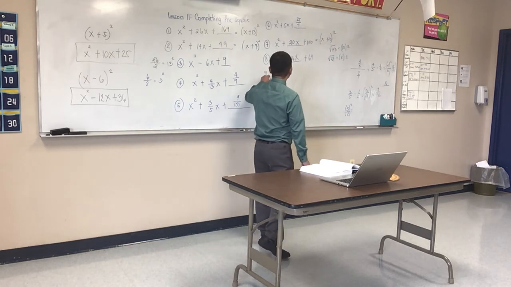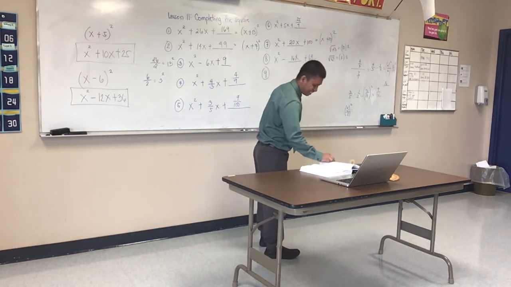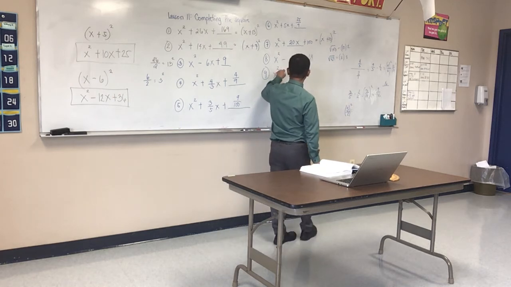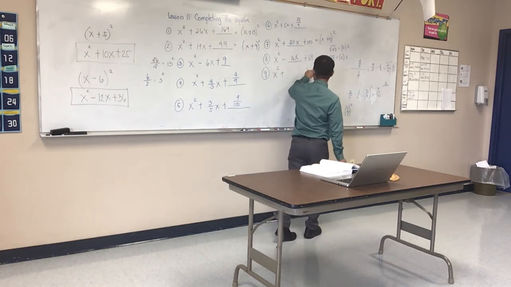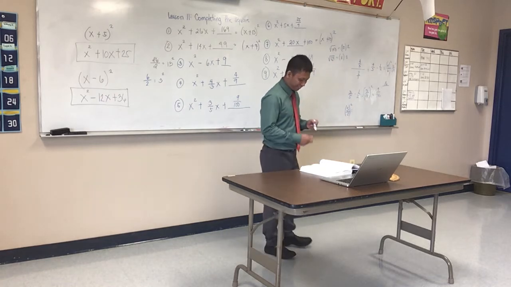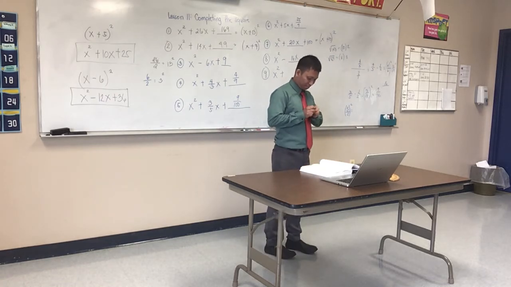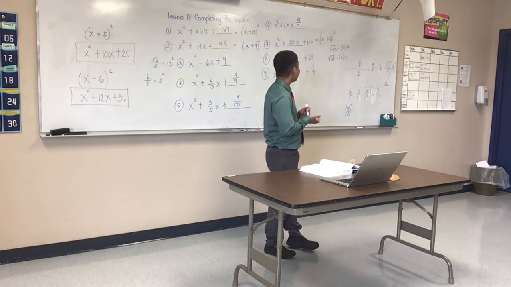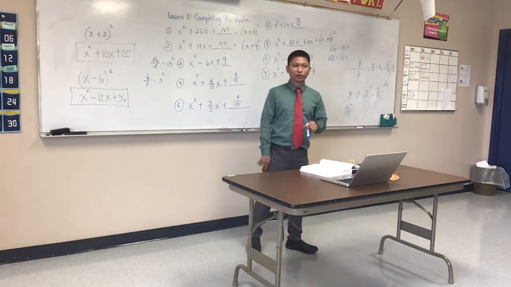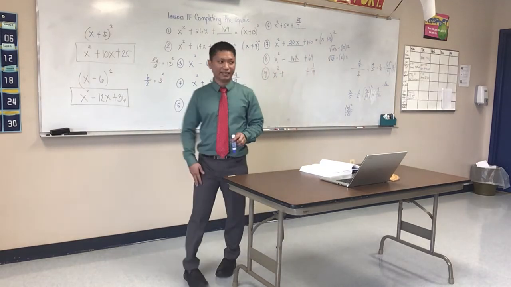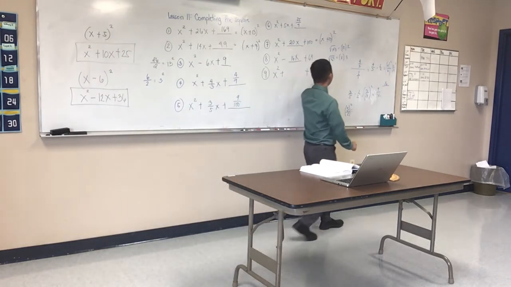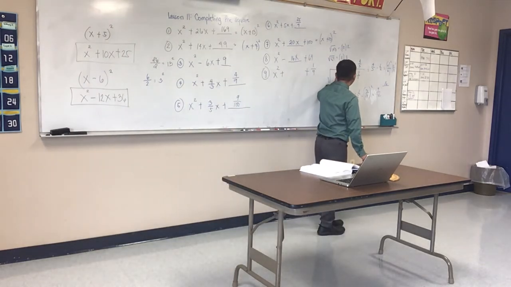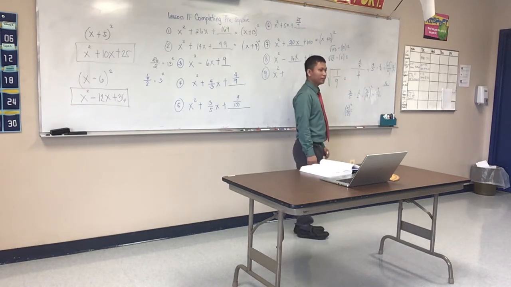Okay, how about x squared plus the last term is 1 over 9? What is the square root of 1 over 9? It's 1/3.